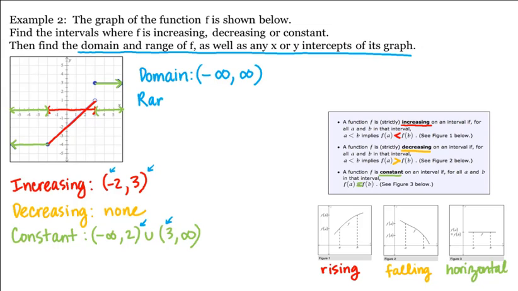However, with the range, we're missing this big piece here, aren't we? Because of this open circle here, there is no point on the graph that has y coordinate equal to 1. But this point is closed, which means there is a point on the graph where y is equal to 3. And in fact, y is also equal to 3 at every point to the right of this on the graph.